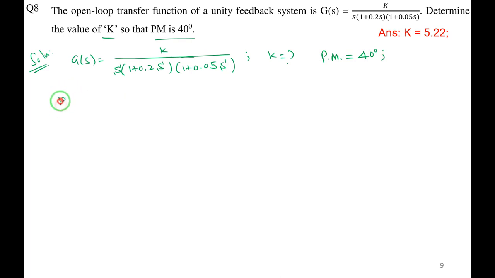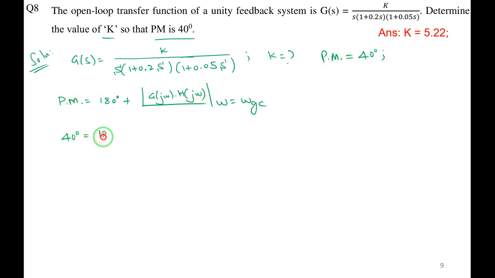What is the phase margin formula? It is equal to 180 degrees plus angle of G(j omega) into H(j omega) at omega equal to omega gc. Here we are using the gain crossover frequency omega gc. Is that fine? So the phase margin is given as 40 degrees.